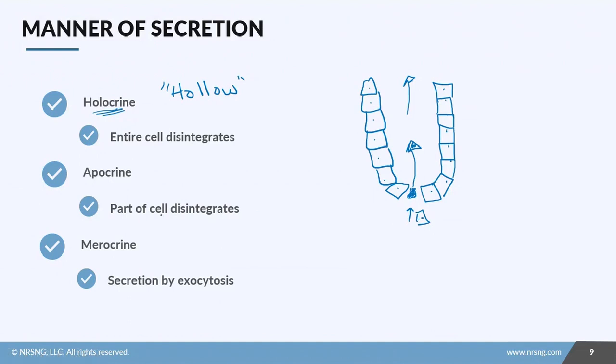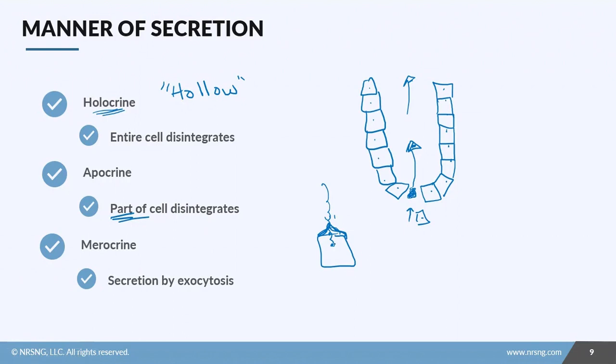Now, apocrine is a little different. What we see in apocrine, if this is our cell, is we see it start to pinch up a little part of the cell at the top here. The little part of the cell membrane pinches, and then it bursts open, and the secretory product comes straight out, and then the cell actually just repairs itself. So it's only part of the cell that disintegrates.